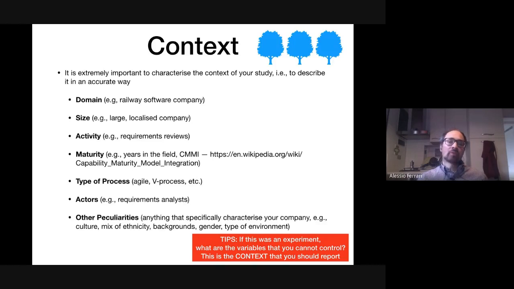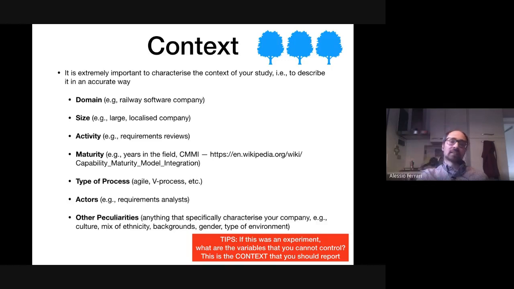So I'm already orienting you on how to address the thing in a way that allows you to report it in a systematic way, but you cannot pretend to fill all the blanks in the context or in the research questions since the beginning, okay? There will be iterations, for sure, like we depicted and like we said many times.